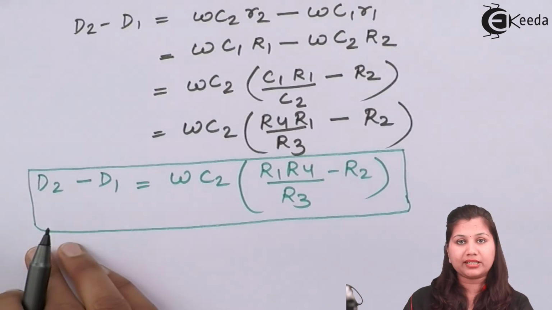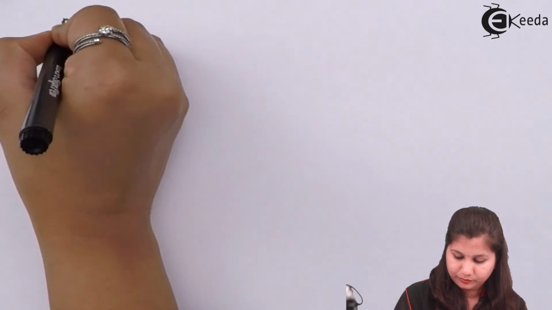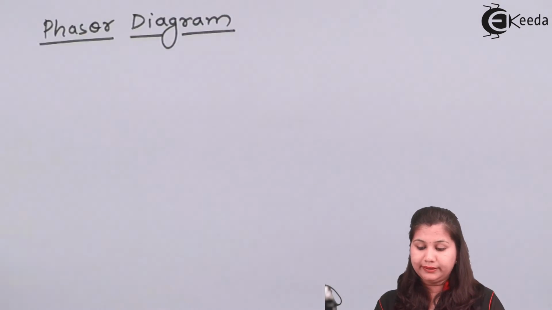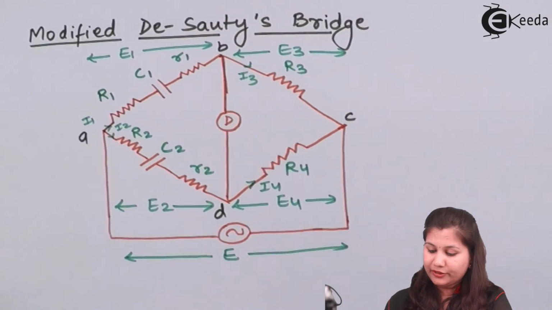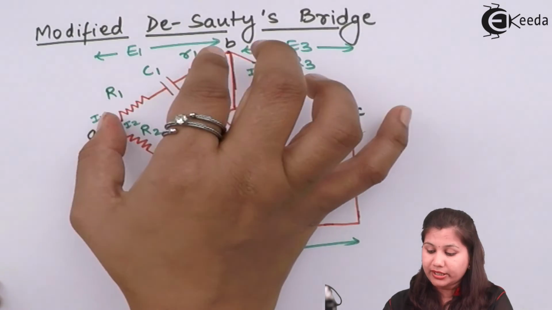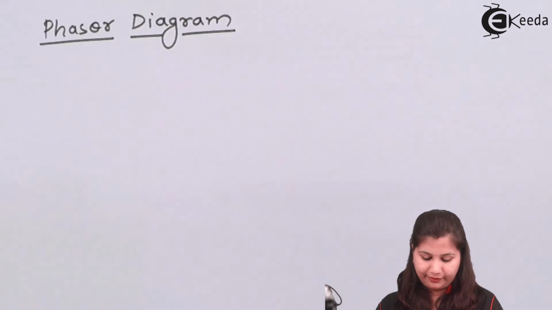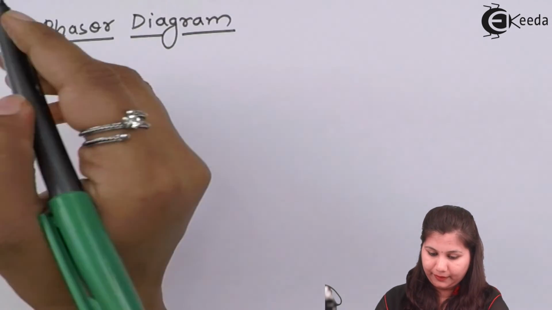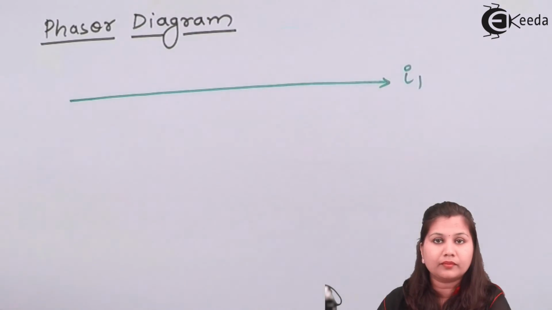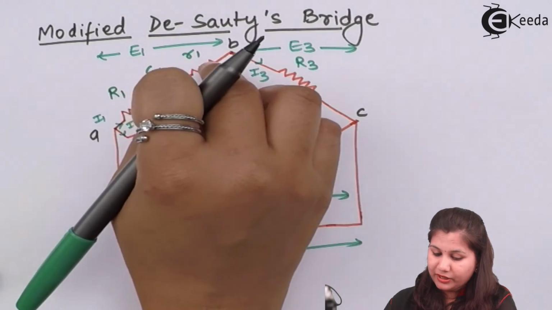Now coming to the phasor diagram for this modified Sauty bridge. In the circuit diagram for the modified Sauty bridge, we were having one resistance, capacitance, and another resistance in this AB arm. So again we will take the reference phasor, that is I1. Now we are having the resistances here, that is capital R1 and small r1.